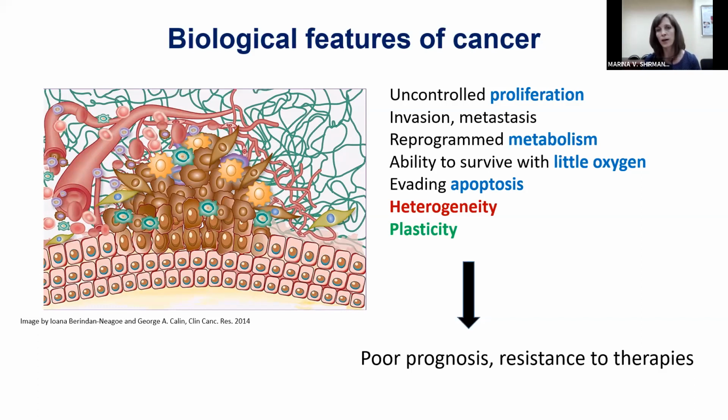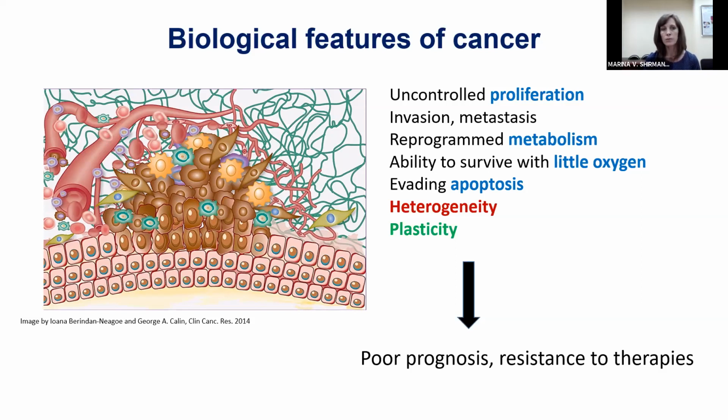To support high growth rate, cancer cells reprogram all the metabolic pathways, including cellular energetics, biosynthesis, and redox balance, and they also have the ability to survive with little oxygen. Hypoxia is also characteristic of cancer. Cancer cells evade apoptosis because apoptosis is a natural mechanism of anti-cancer defense.